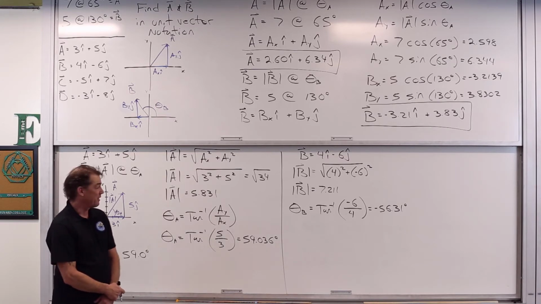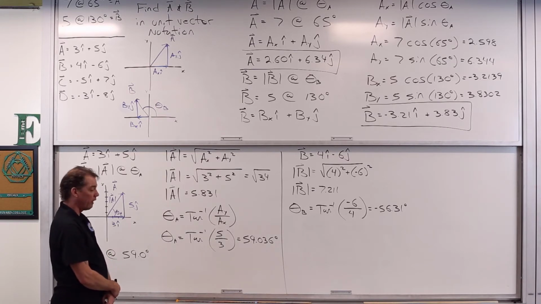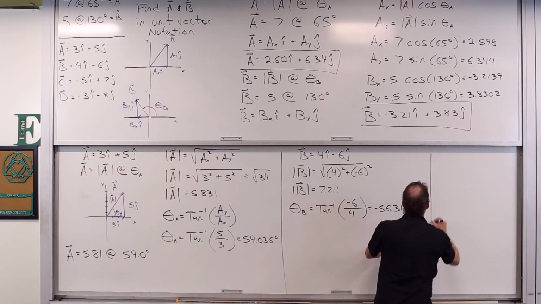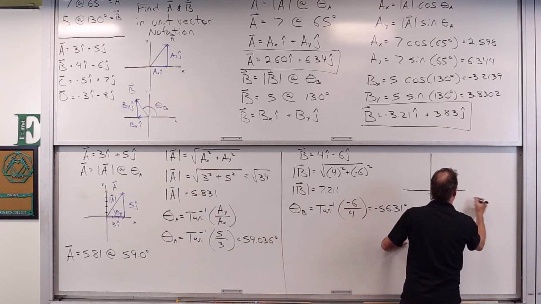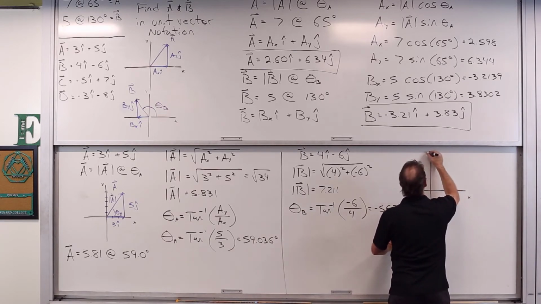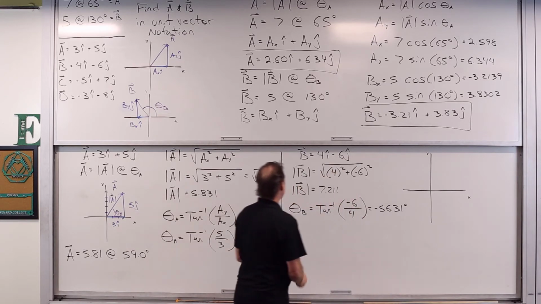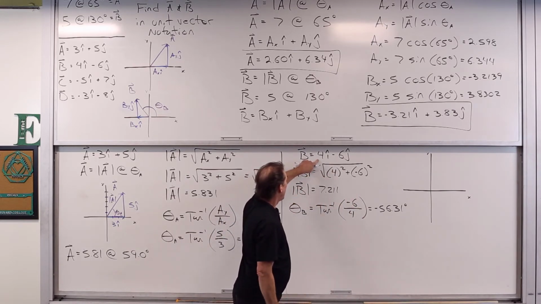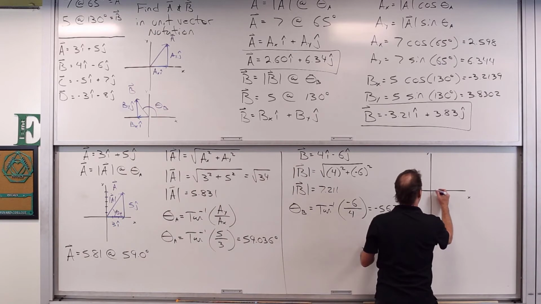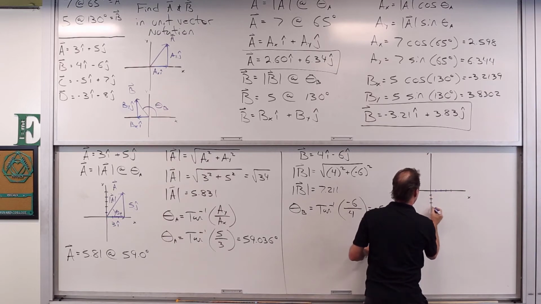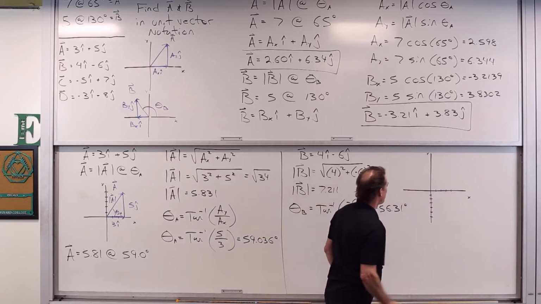Let's draw this out. Make sure that things correlate correctly, right? So draw a little representation once again. Purple here. And again, we've got 4 i hat and then minus 6 j hat. So we could go 1, 2, 3, 4, and then 1, 2, 3, 4, 5, 6, something like that.